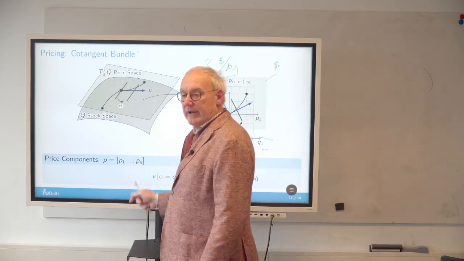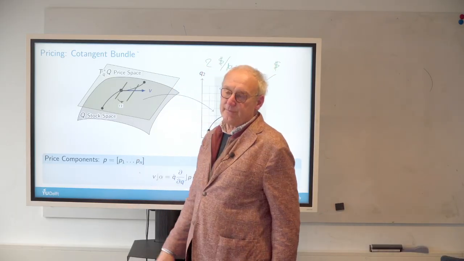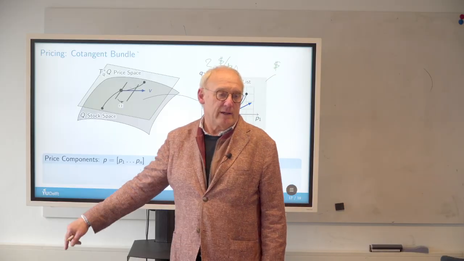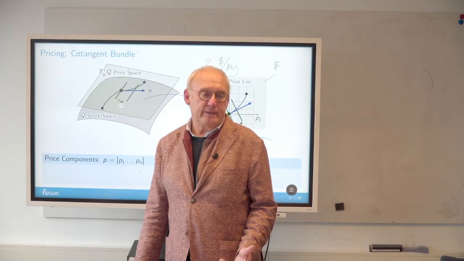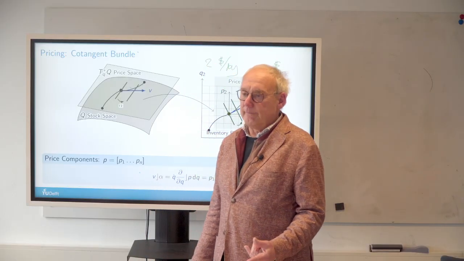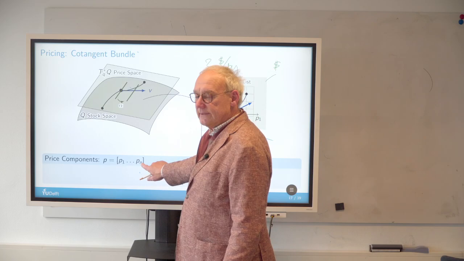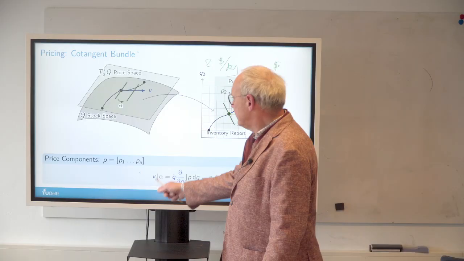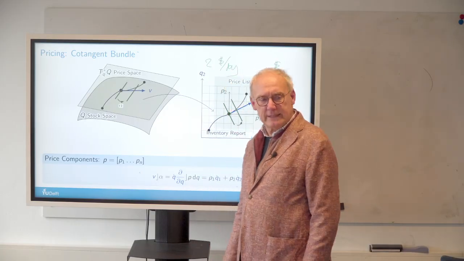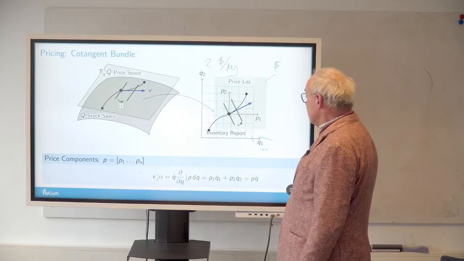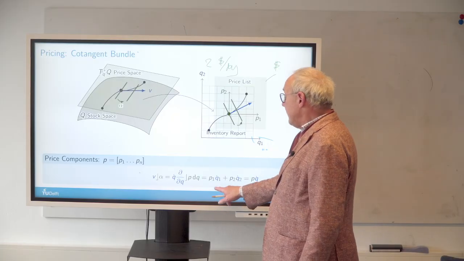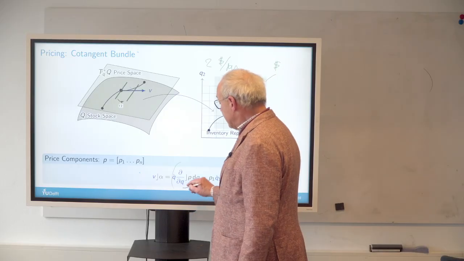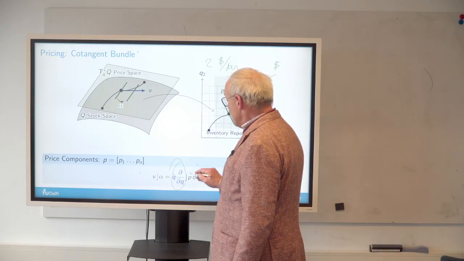So here I wrote it out in components. This is just the different price components. So you have D goods and big N agents, so N degrees of freedom, each one over a price. Here there are 2. Then what you can do is to calculate, then this vector, this is the vector, and this is this one form.